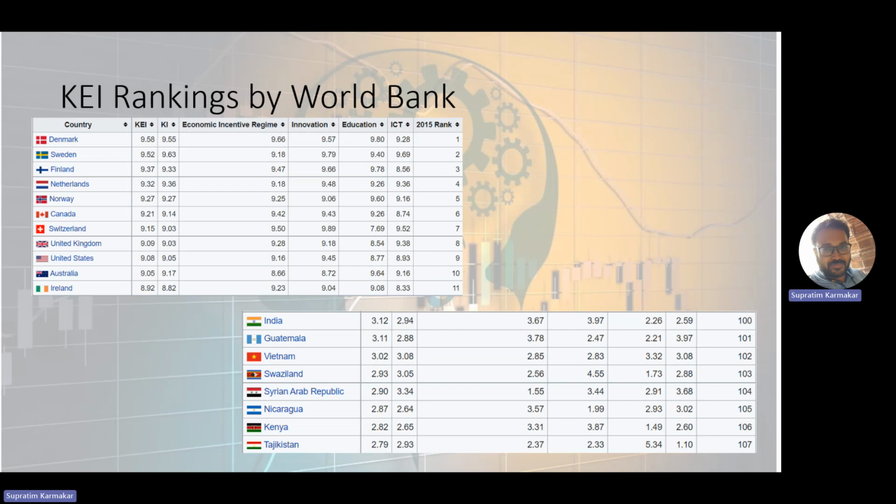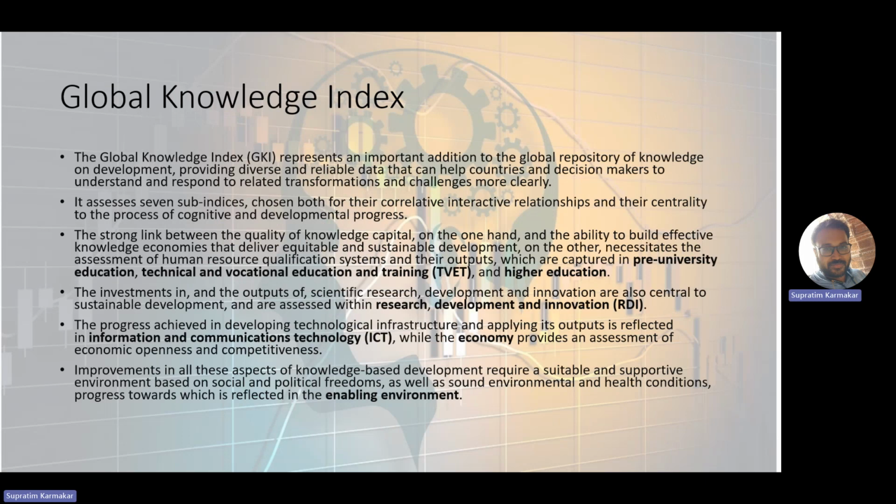If India needs to overcome all these things, the ranking should be higher, and the universities and research centers need to take more and more efficient footsteps and policies. This Global Knowledge Index represents an important addition to the global repository of knowledge on development, providing diverse and reliable data that can help countries and decision makers understand and respond to related transformation challenges.